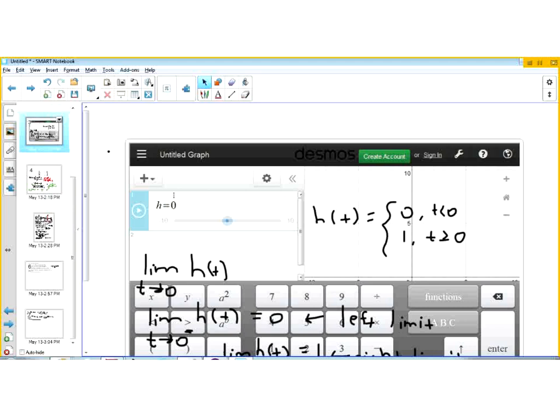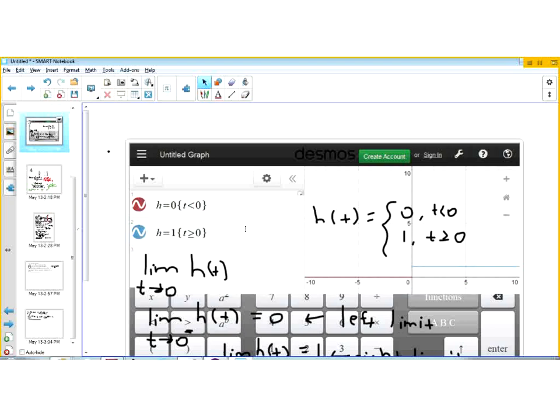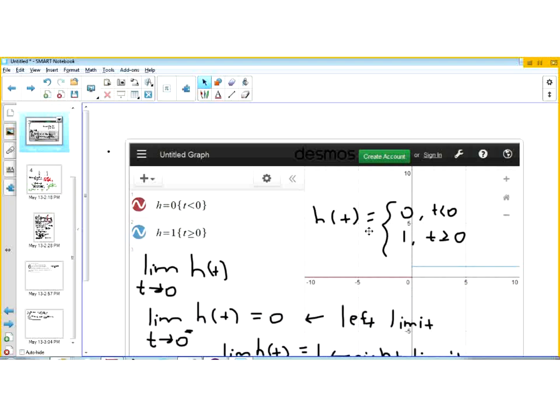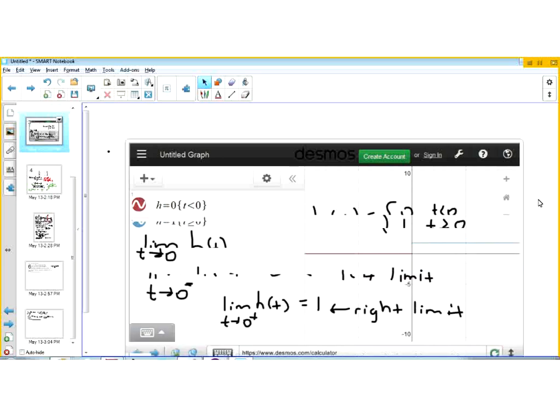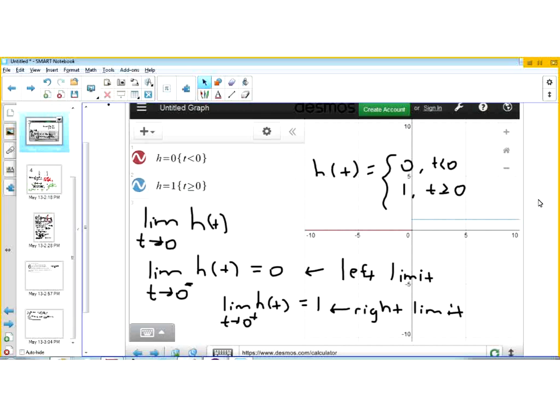H is equal to 0 for t less than 0. H is equal to 1 for t greater than or equal to 0. So in the case of this graph, we have that the left limit was 0 and the right limit was 1. So that means that the left and right limits are not the same.